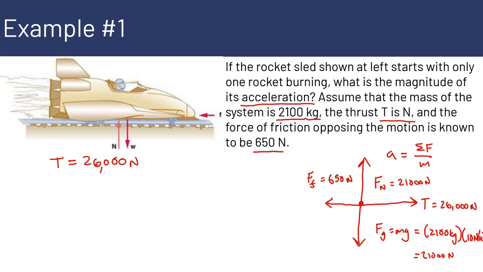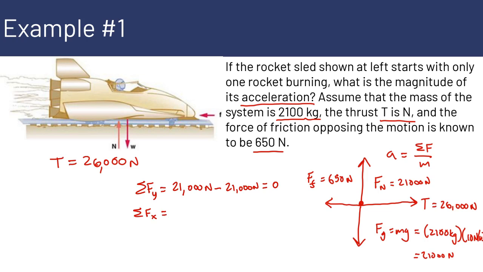Okay, so let's do sum of forces in the y direction is equal to 21,000 newtons minus 21,000 newtons. And that's equal to 0 because there's no acceleration in the y direction. Then we'll do the sum of forces in the x direction.